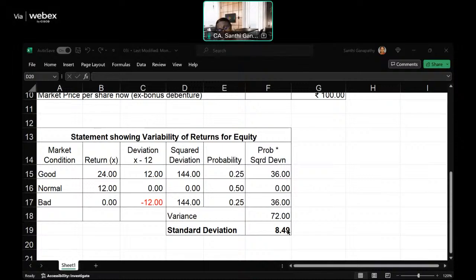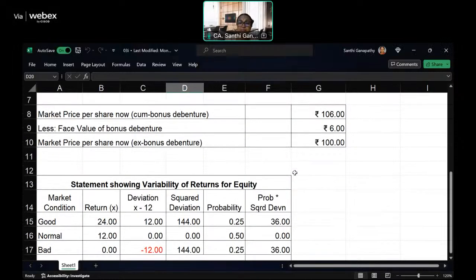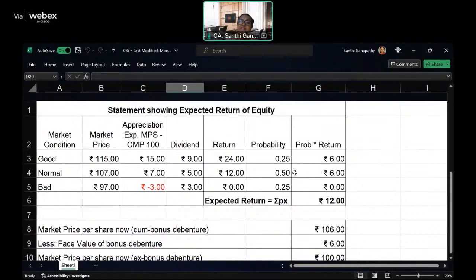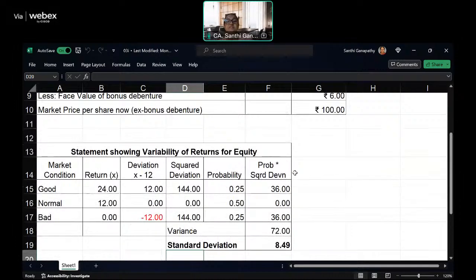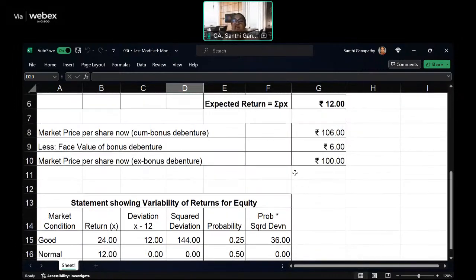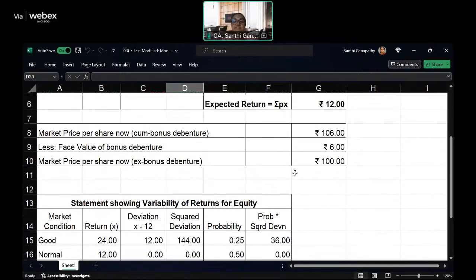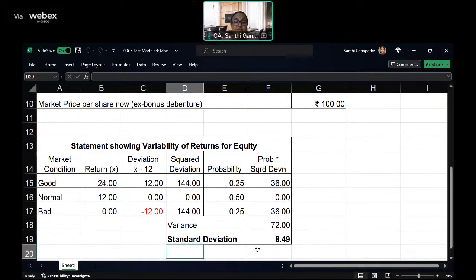But what we have found is the return and risk of equity. What is the return of equity? 12. It is 12% as well as 12 rupees because the base is 100. What is the standard deviation? 8.49. You have a 12% return with a 8.49 standard deviation.